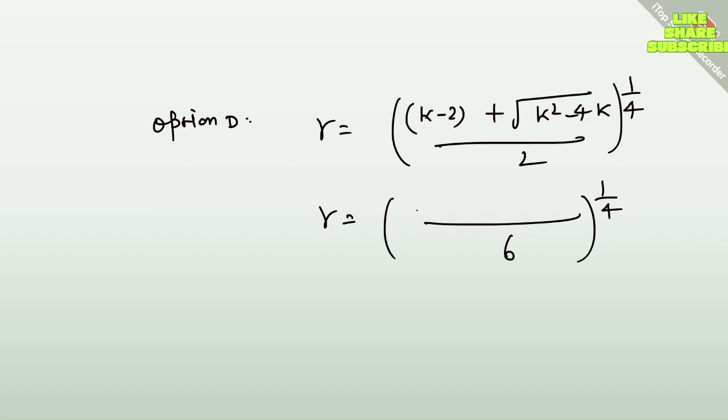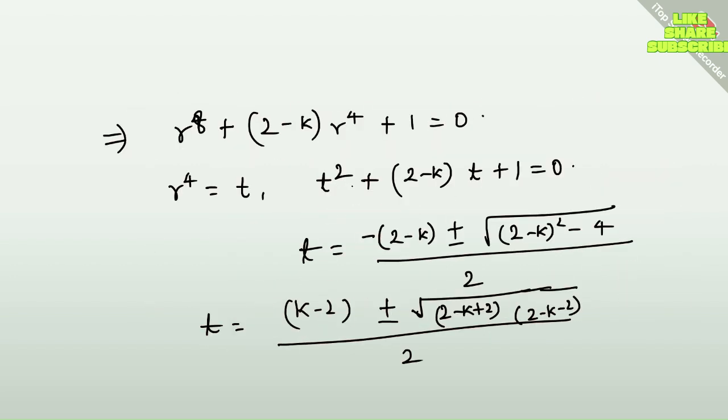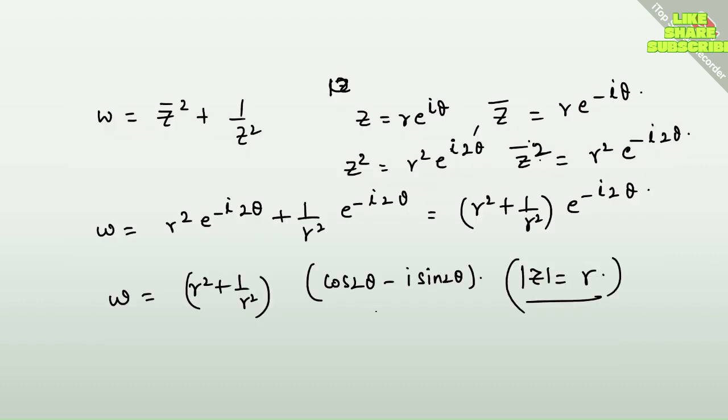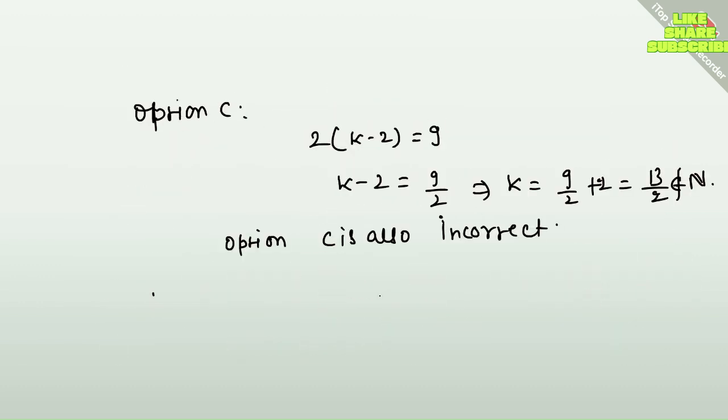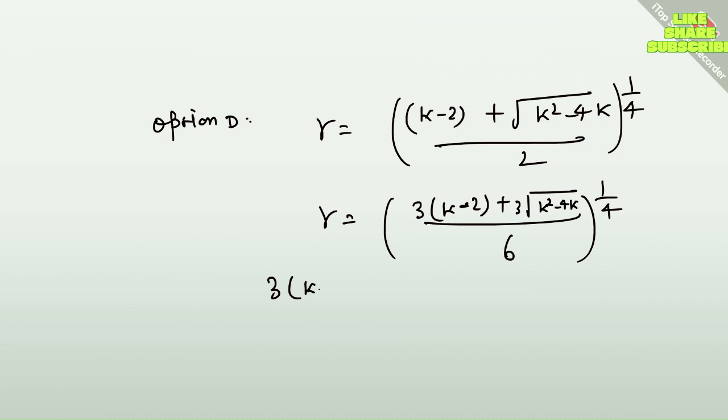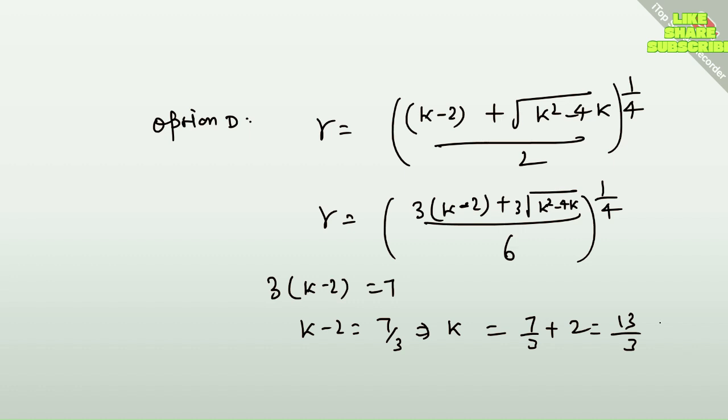Therefore this is 3 times k minus 2 plus under root 3 times k square minus 4k over 6. Now compare option D with this quantity. We have 7 in option D, so 3 times k minus 2 is equal to 7. This implies k minus 2 is equal to 7 over 3, and k is equal to 7 over 3 plus 2, which is 13 over 3, and this is not a positive integer, therefore option D is also incorrect.